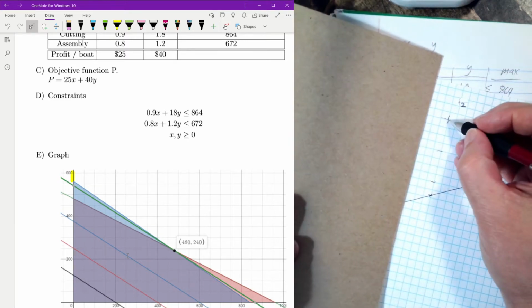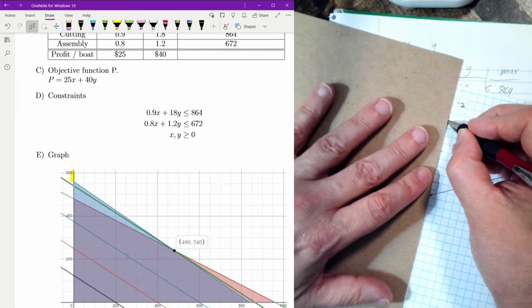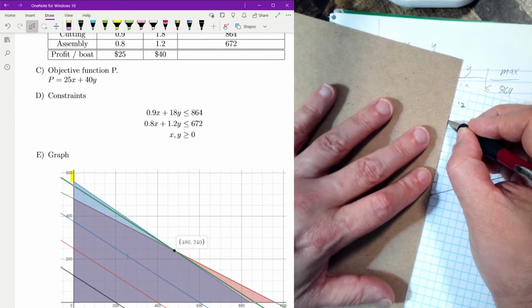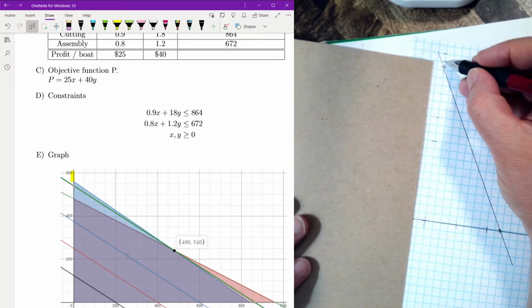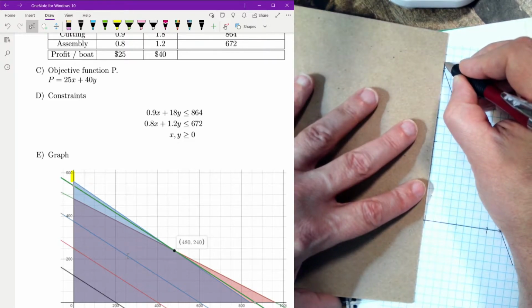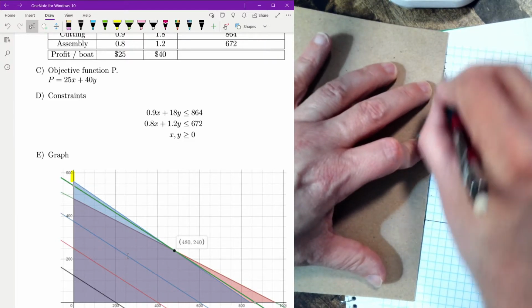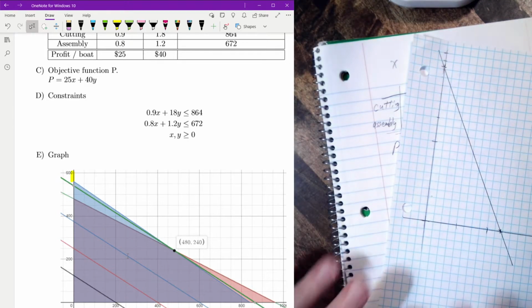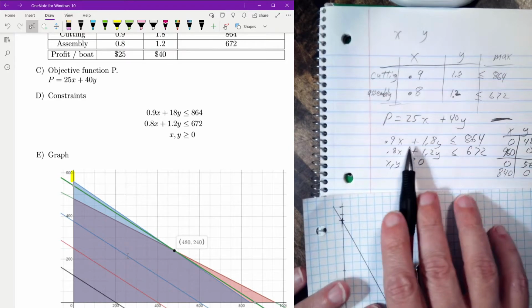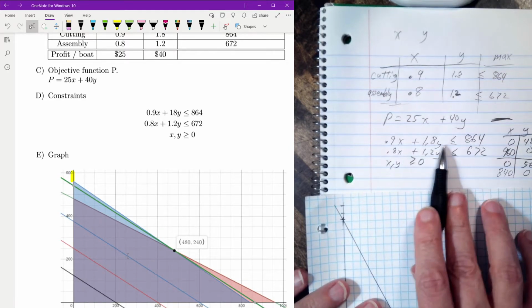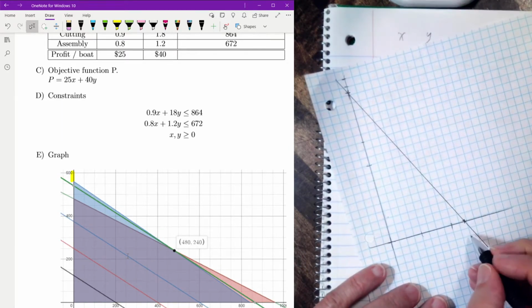We'll draw on the axes right away. Okay, now let's see, is 0, 0 in our zone? So we have 0 is less than, so yes, 0, 0 is in our zone.